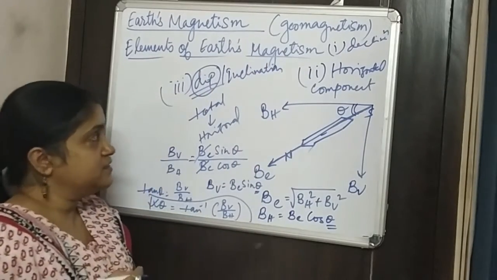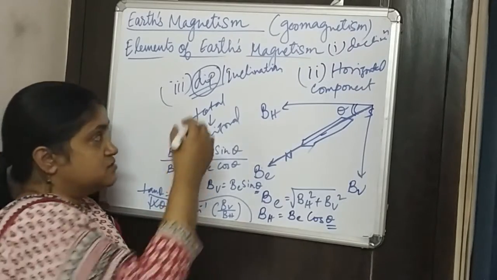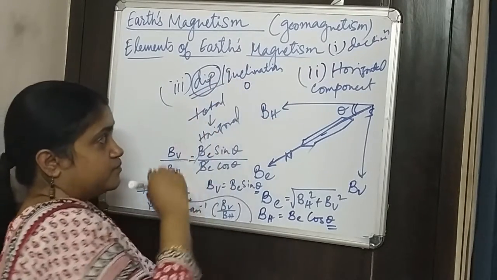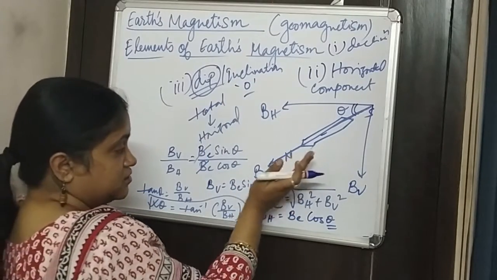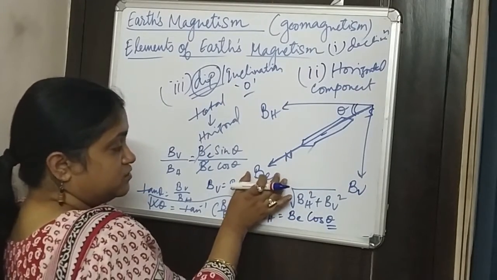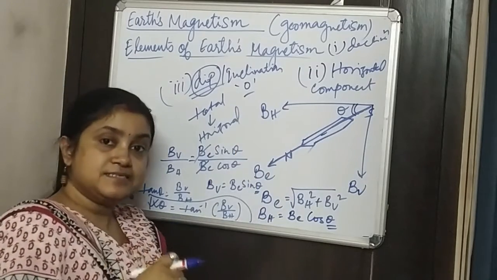Suppose certain places have the dip as 0, right? It means that the angle between the total magnetic field and the horizontal field is 0.